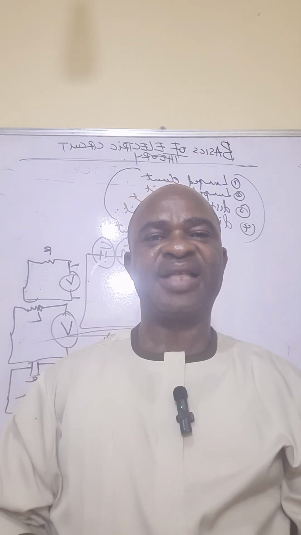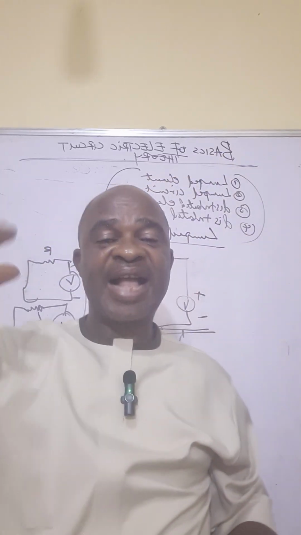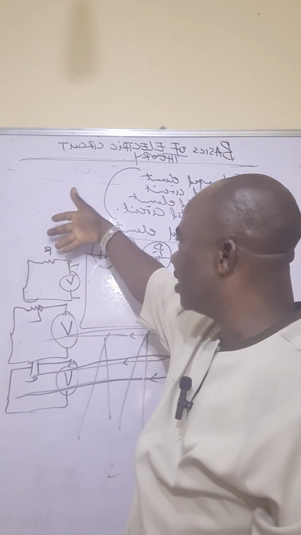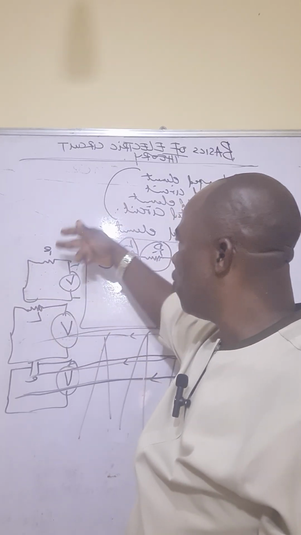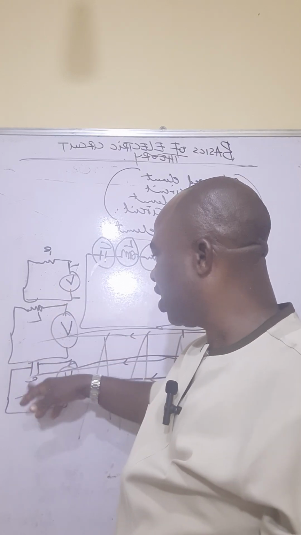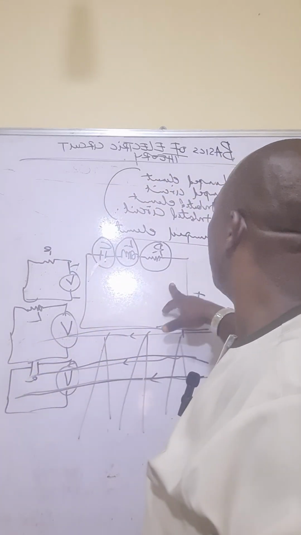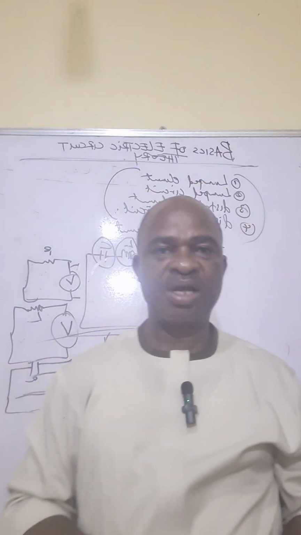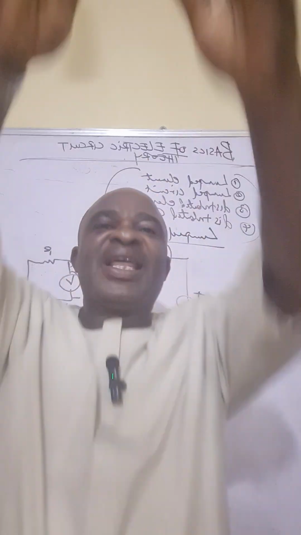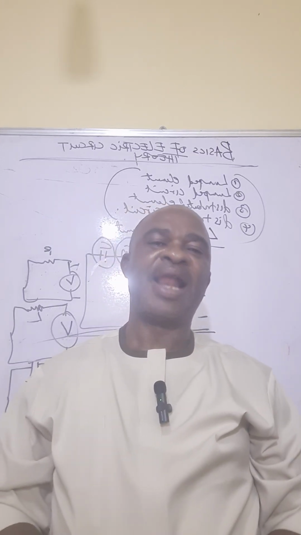And another thing is that while the lumped elements can be detached and separated from the circuit, just like we did here, you can see the resistor is separated here, the inductor is separated here, the capacitor is separated here, you cannot achieve that when you are dealing with distributed elements. So distributed elements are fixed. They are distributed entirely along the transmission network or on the transmission line.